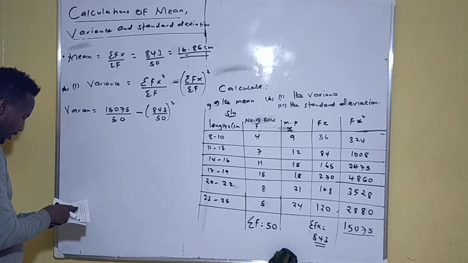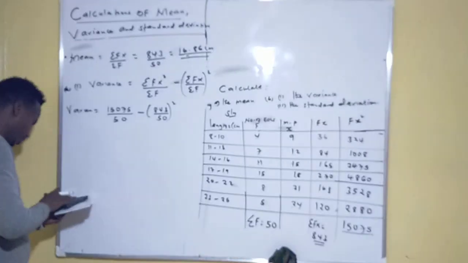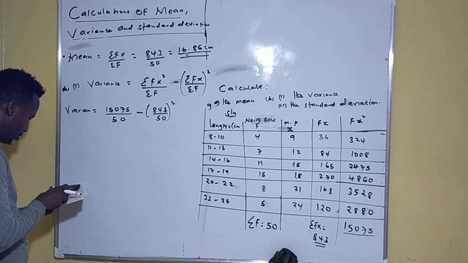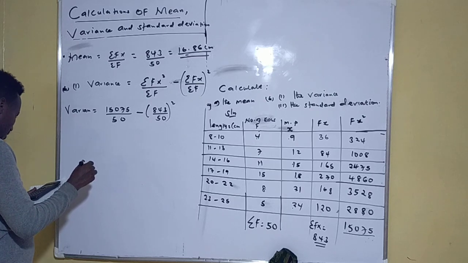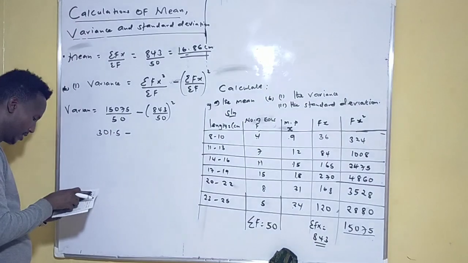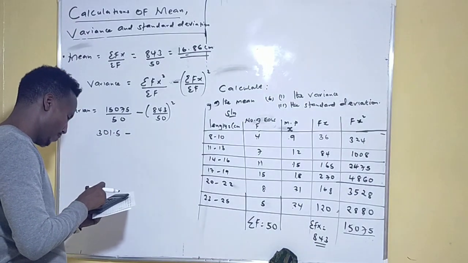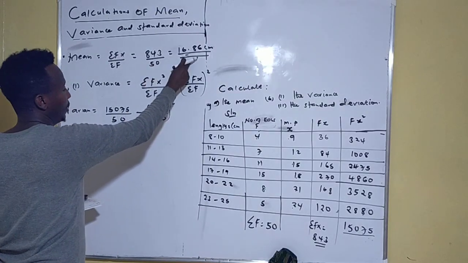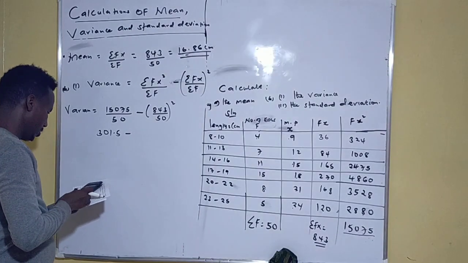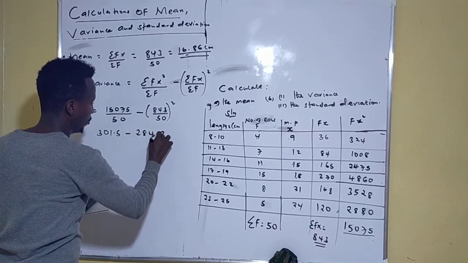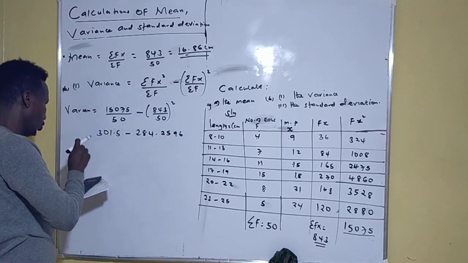Let me get the calculator. 15075 divided by 50 is 301.5, minus 843 divided by 50, then squared, which is 284.2596.